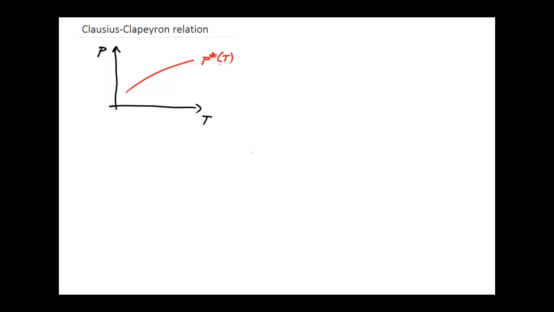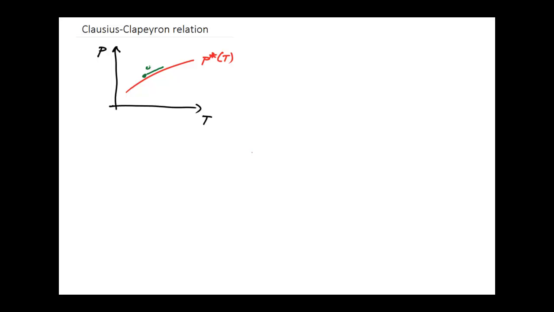consider in this plane a cyclic process, an infinitesimal closed cycle of the following form. Let's say we start here, and then we move along the coexistence curve, just above the coexistence curve.